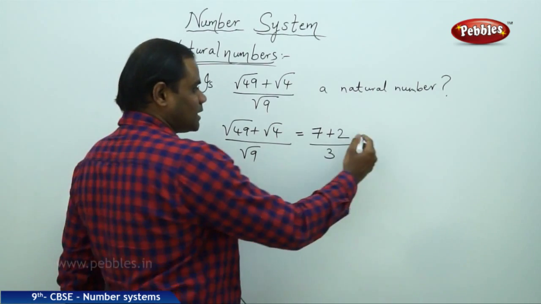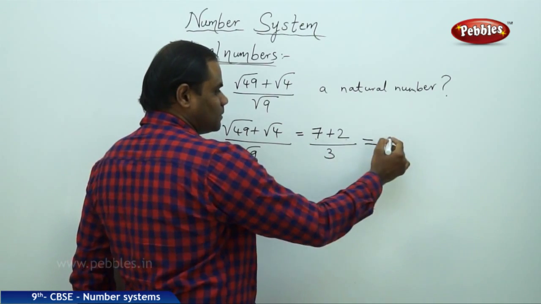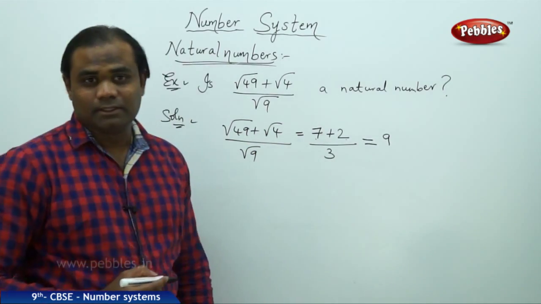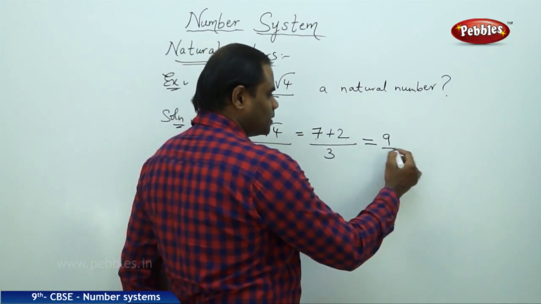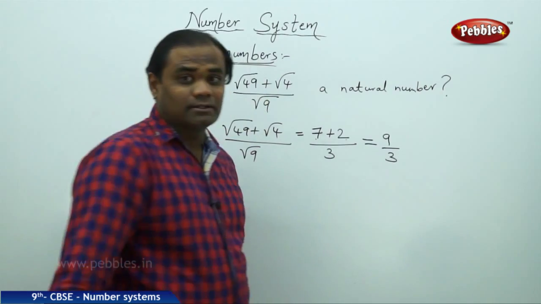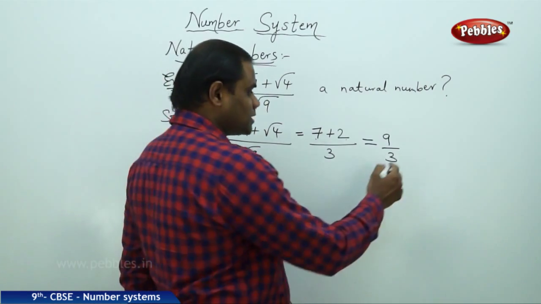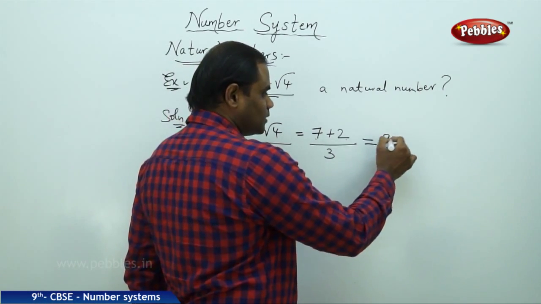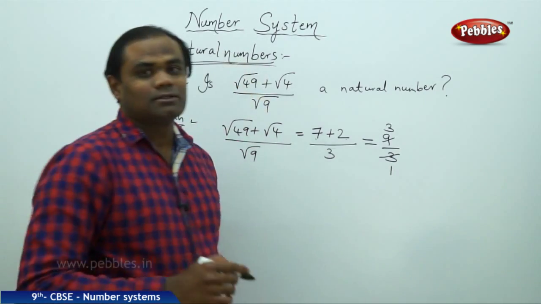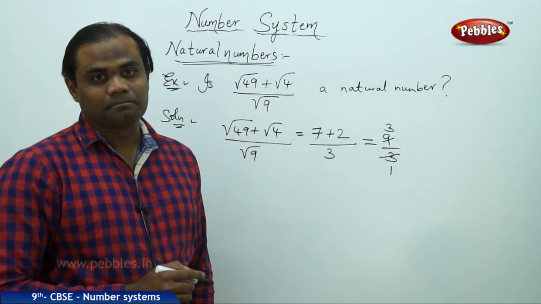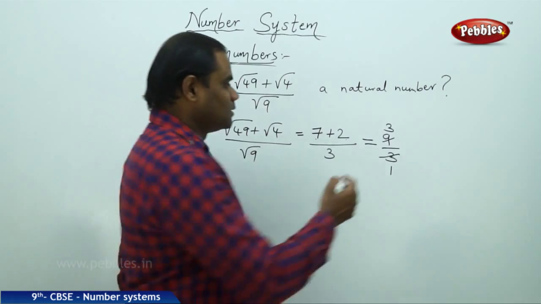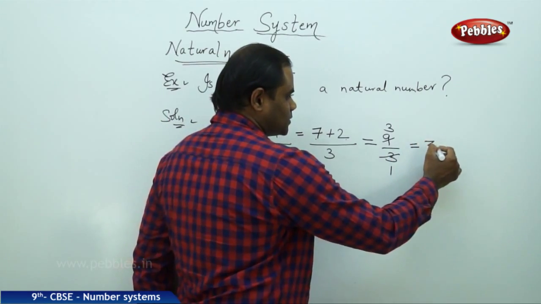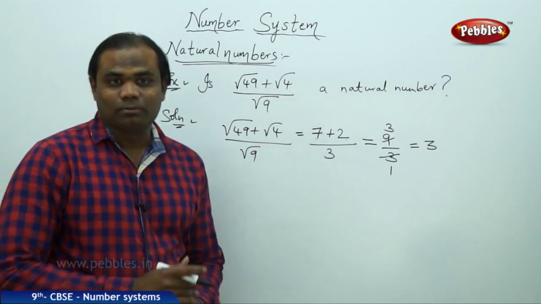And using this, I clearly understand that 7 plus 2 can be added further to get 9, and the denominator is 3. So this can be further simplified, as we know that the denominator and the numerator get cancelled, 3 times in the numerator. So 3 1s, 3 3s. My final answer is 3 for the given problem.